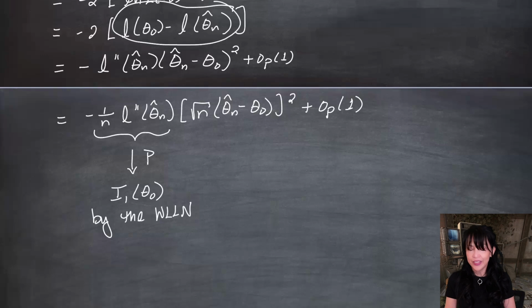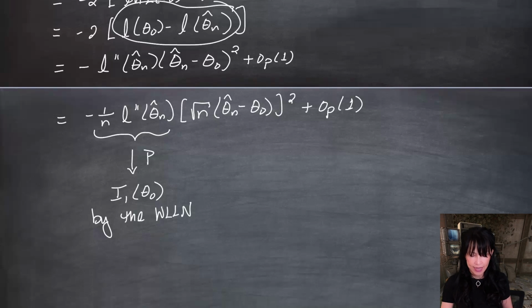So the log likelihood is the sum of the logs, and the second derivative with a negative out front is the Fisher information term. And so this combined with this is the Fisher information term, and the whole thing is divided by n. So this is the weak law of large numbers.